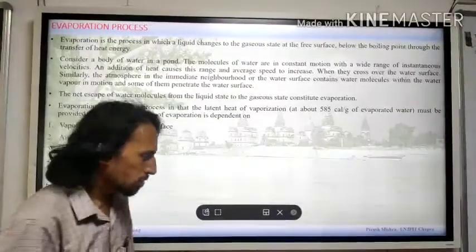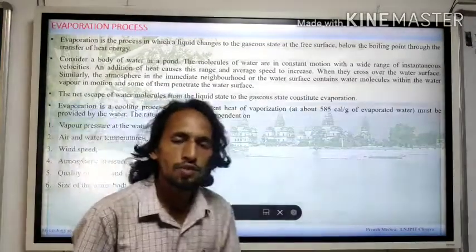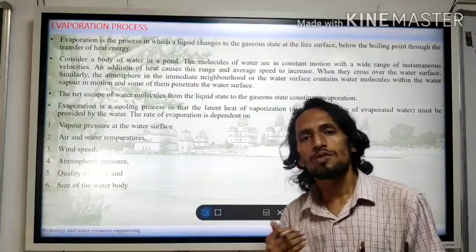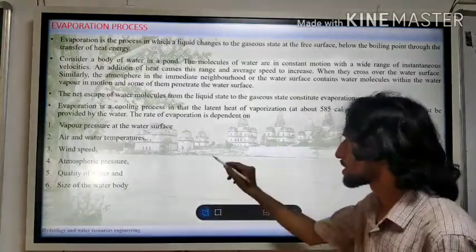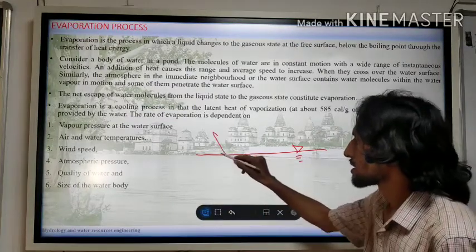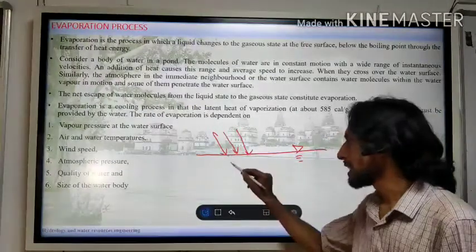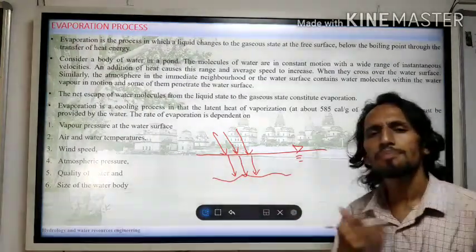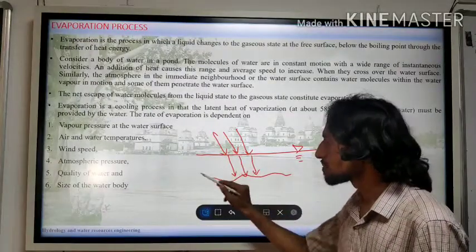This is your first slide about evaporation. So what basically is the process of evaporation? When there is a lake or any reservoir and sunlight strikes the surface, it penetrates inside the water body up to a certain depth and heats up this water.